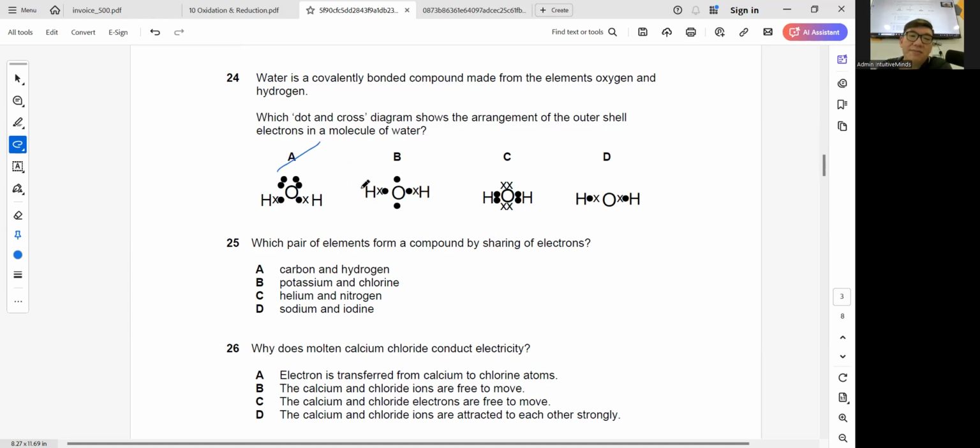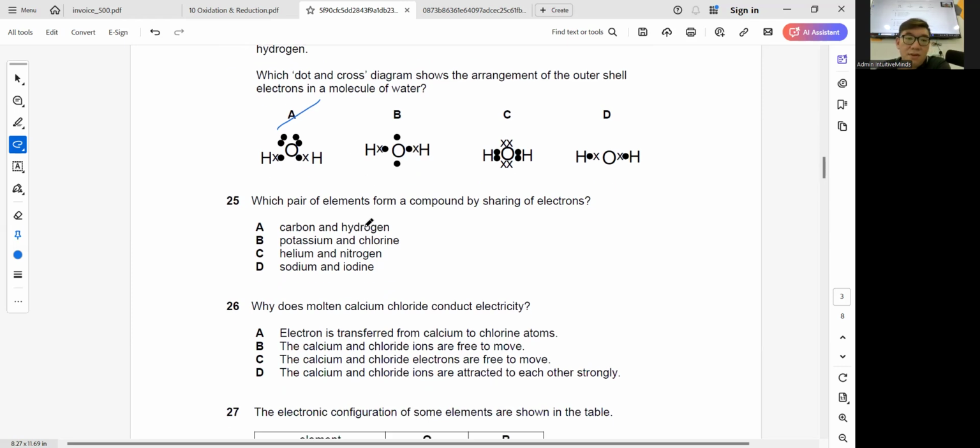So A is correct. 25? Methane is one of it. That's possible. Methane is CH4, and that sharing of electrons represents covalent bonding. So A is possible. Let's take a look at B.